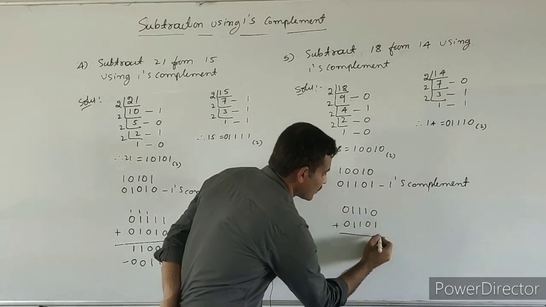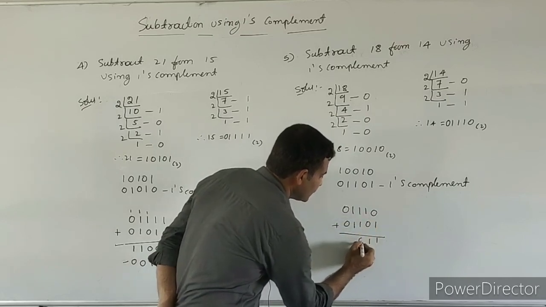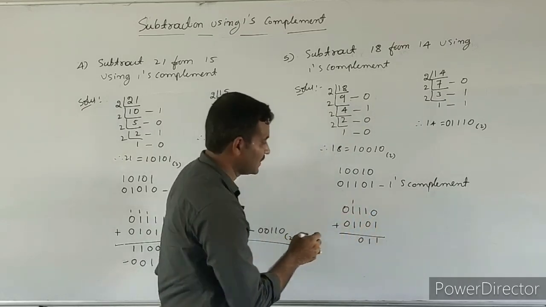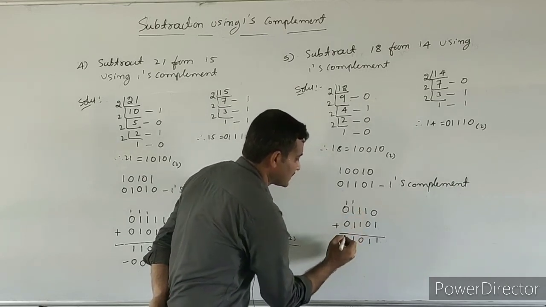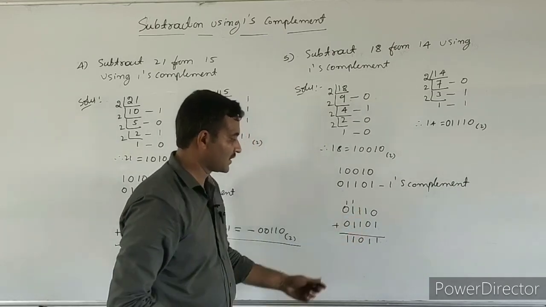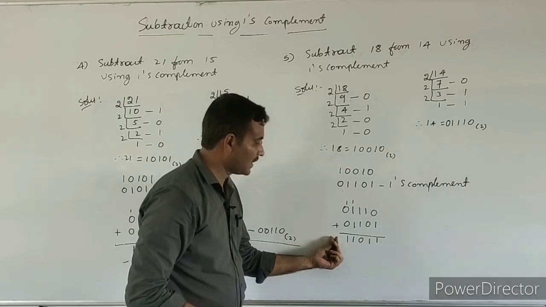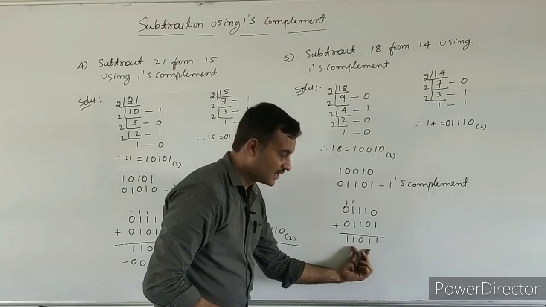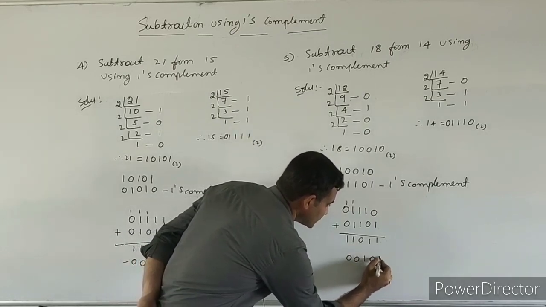Add. So 0 plus 1 is 1, 1 plus 0 is 1, 1 plus 1 is 0 carry to the next stage, 1 plus 1 is 1, carry to the next stage. So 1. Here also carry is not generated. So if the carry is not generated, take one's complement of the result, that is 0 0 1 0 0.